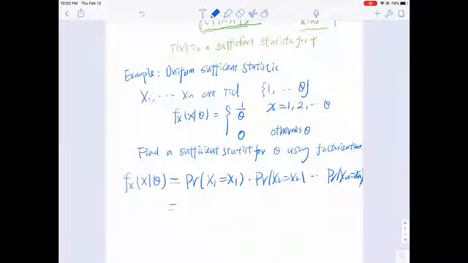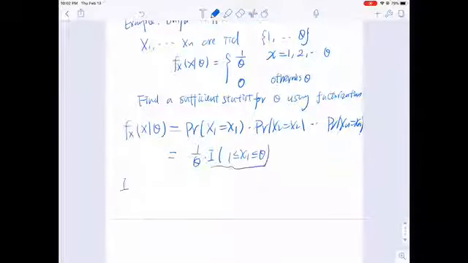And we know that the probability that X1 equals x1 will be 1 over theta if x1 is within this range.